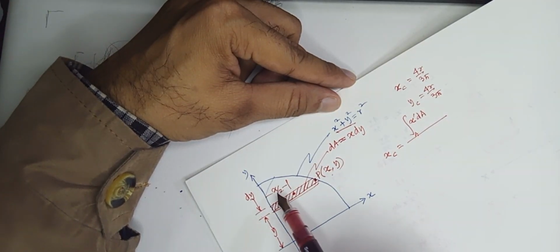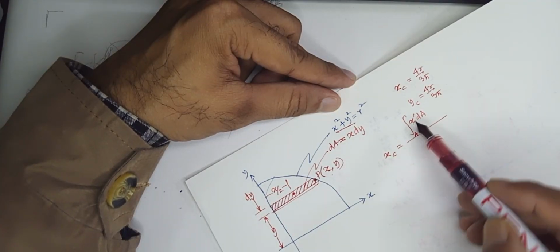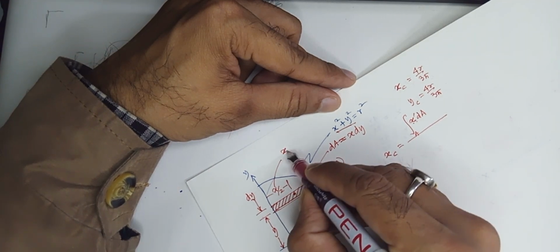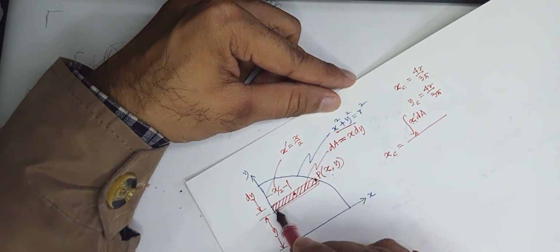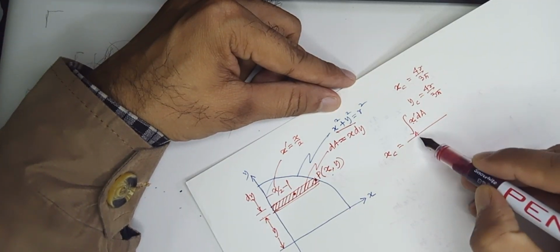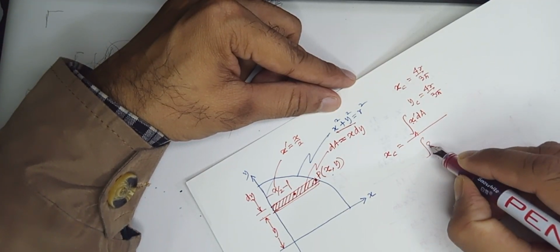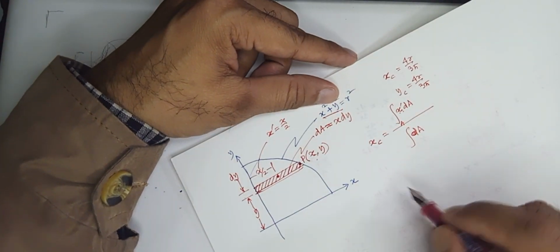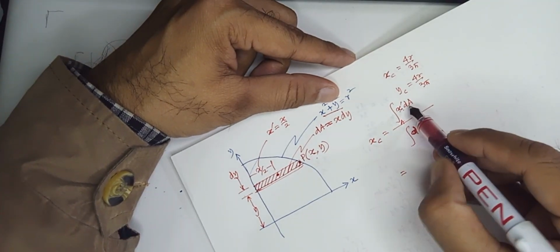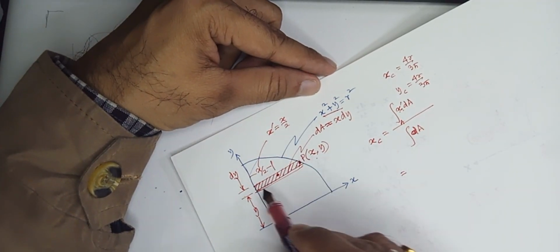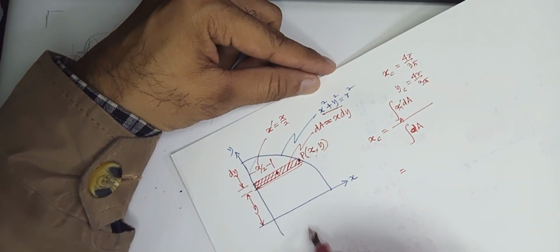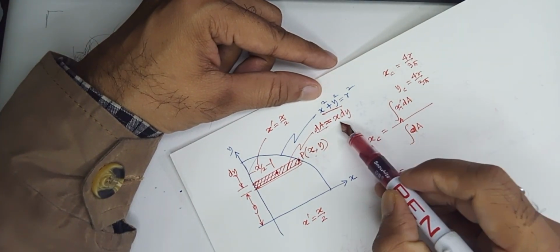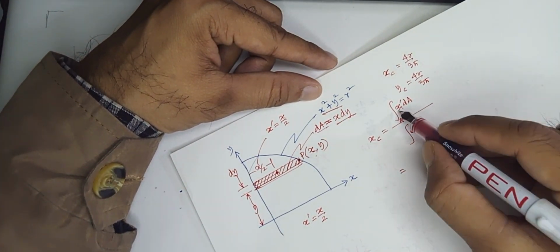I am taking x prime because x prime is equal to x by 2, the midpoint of this strip element, which is its centroid. So x prime is equal to x by 2, and dA is x dy. Therefore, what is x prime dA?